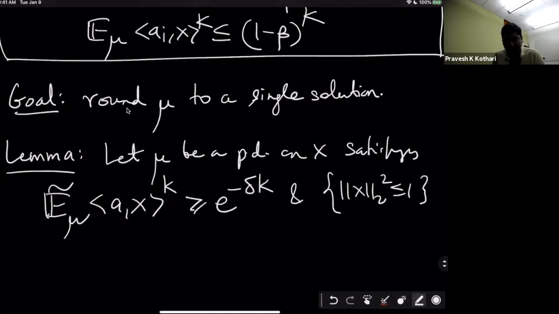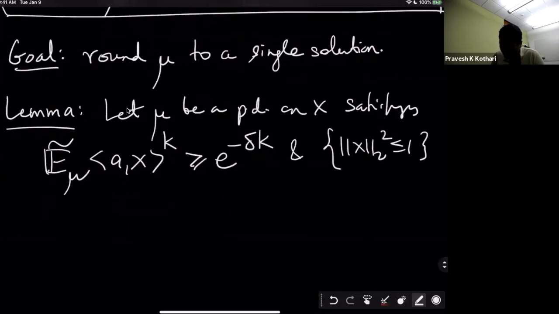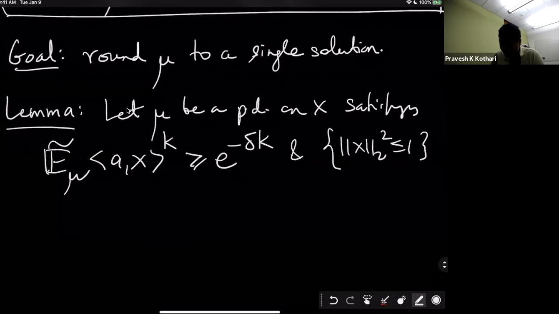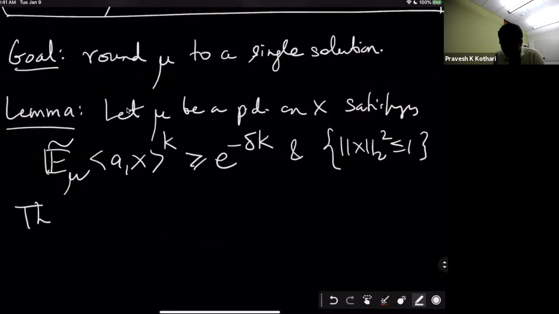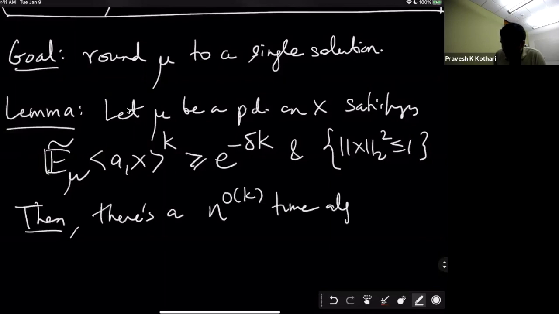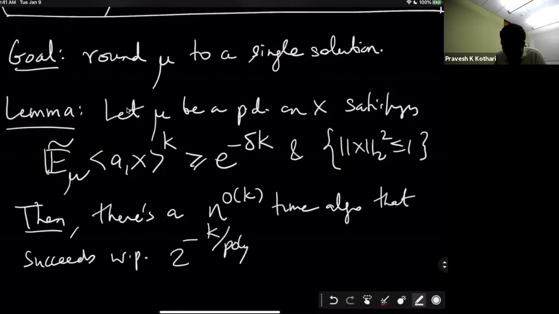So suppose you have such a pseudo distribution which satisfies the constraint that X squared is at most 1, and the pseudo expectation of A dot X to the K is at least e to the minus delta K for some unknown vector A. Okay, then there's an n to the O of K time algorithm that succeeds with probability 2 to the minus K over some polynomial in epsilon.